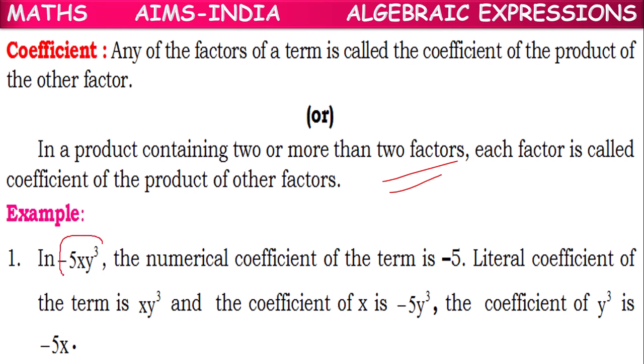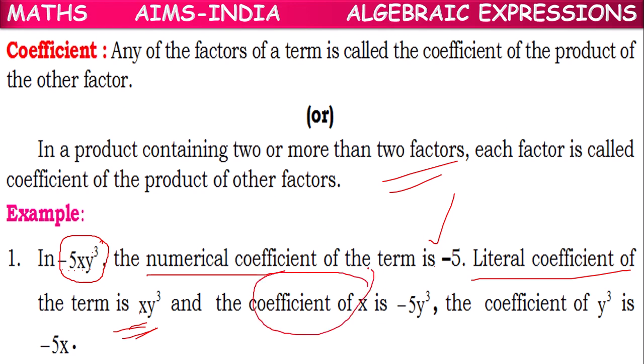Suppose we have minus 5xy cube. The numerical coefficient is minus 5. The literal coefficient is xy cube. If you want only the coefficient of x, then the remaining part of the term will act as the coefficient of x.